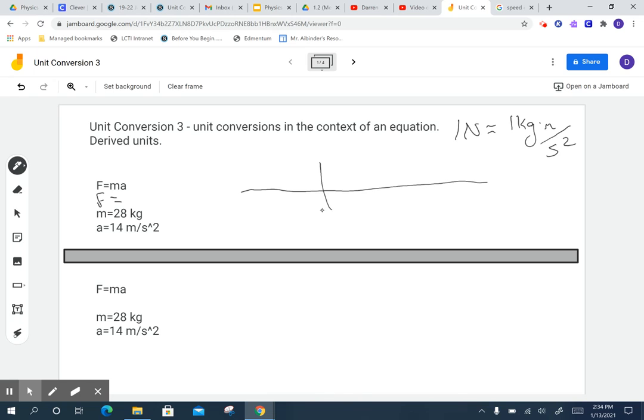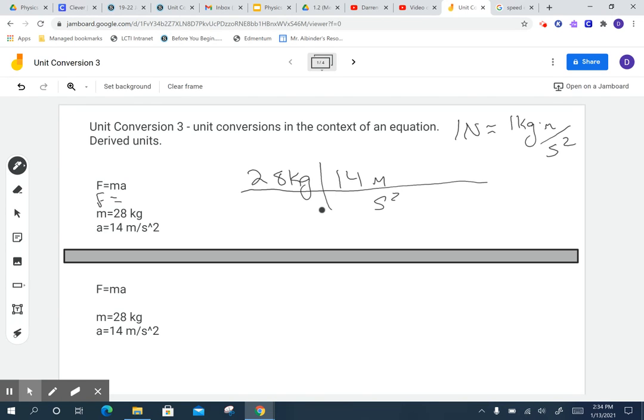You've got 28 kilograms, and then you've got 14 meters per second squared. And you're multiplying, so just put them beside each other. And obviously the second squared goes on the bottom. So we're going to do 28 times 14. Well, okay, forgive me, 14 squared is 196. 196 times 2 is 384. No, 392.